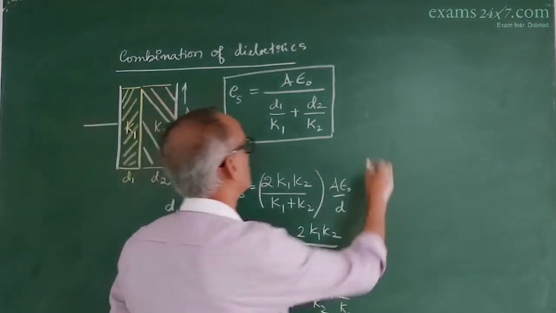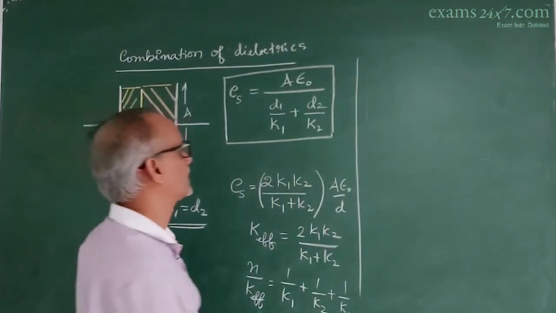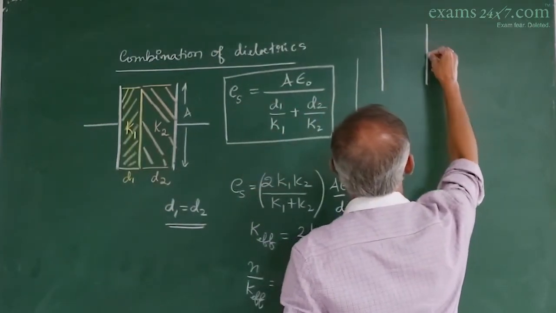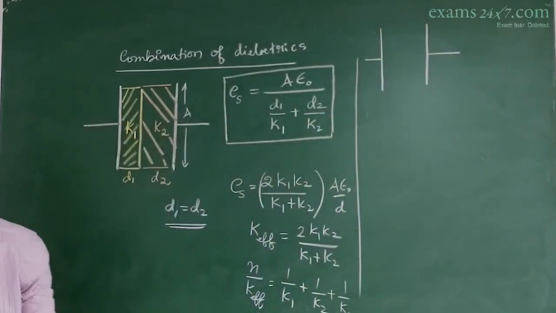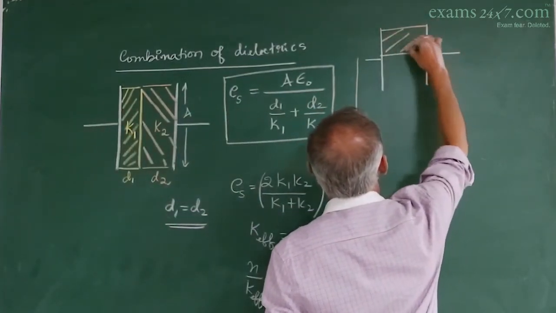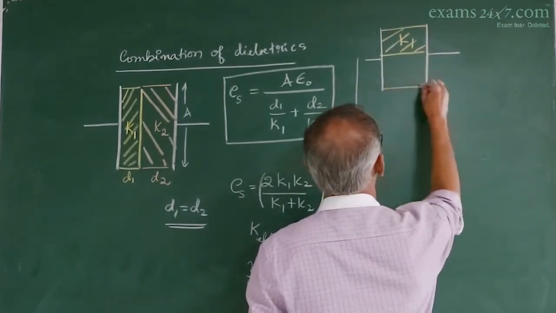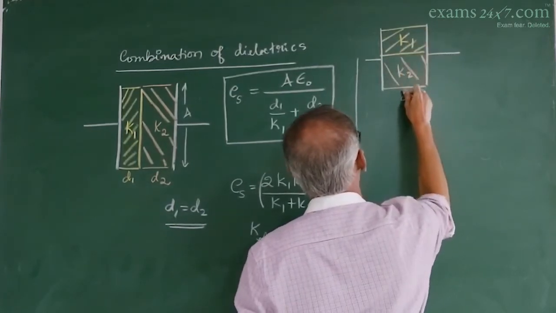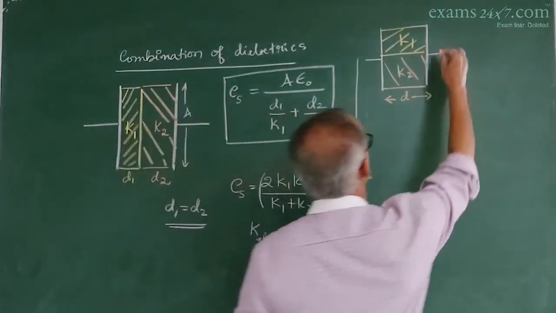We can even arrange these dielectrics in such a way that if these are the plates, we arrange two dielectrics, one below the other. This is one part of the dielectric having value K1. This is the other part of the dielectric having K2, and both have the same thickness, but they differ by area.